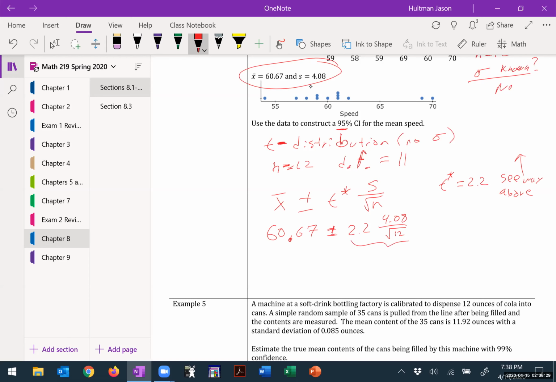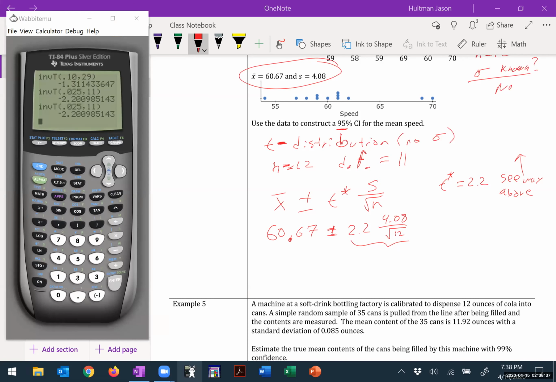So I'm going to find my margin of error here. Plug that into a calculator. So 2.2 times 4.08 divided by the square root of 12. This is what I'm going to add and subtract.